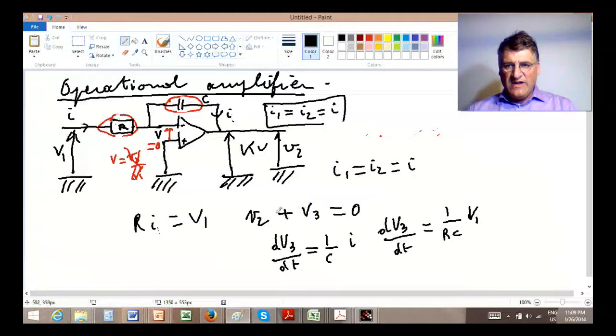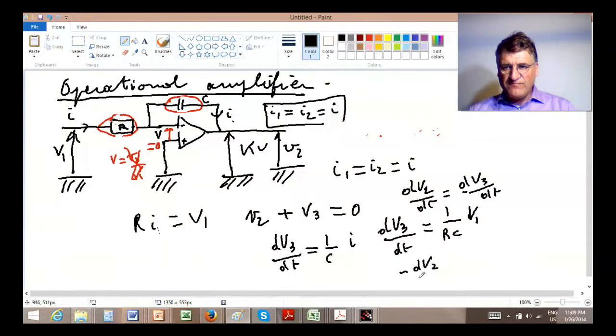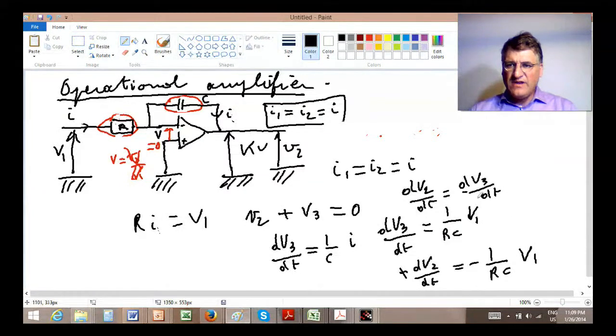And this one tells us that dV2/dt is equal to dV3/dt minus dV3/dt, or in other terms, that minus dV2/dt plus dV2/dt is equal to minus 1 over RC times V1.